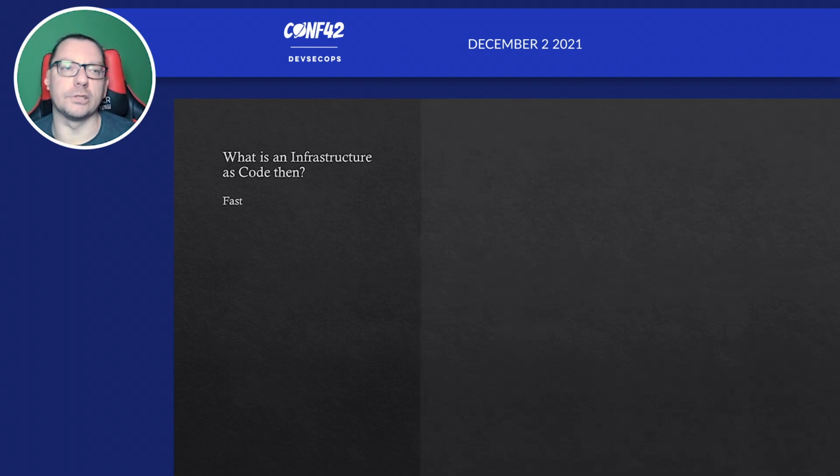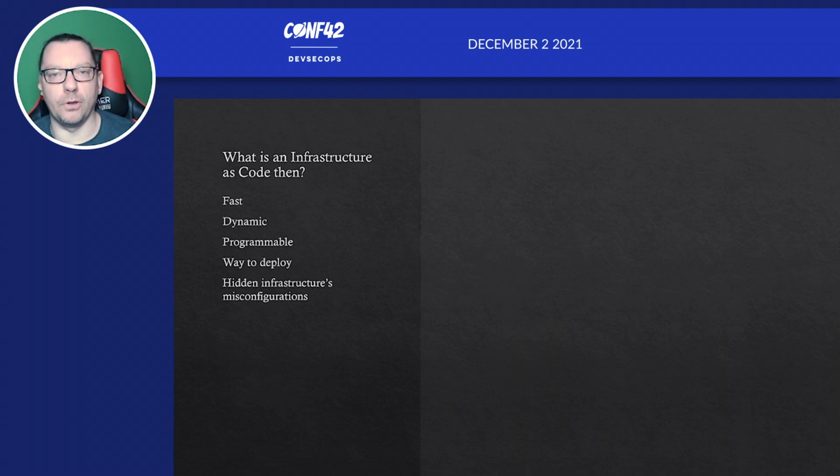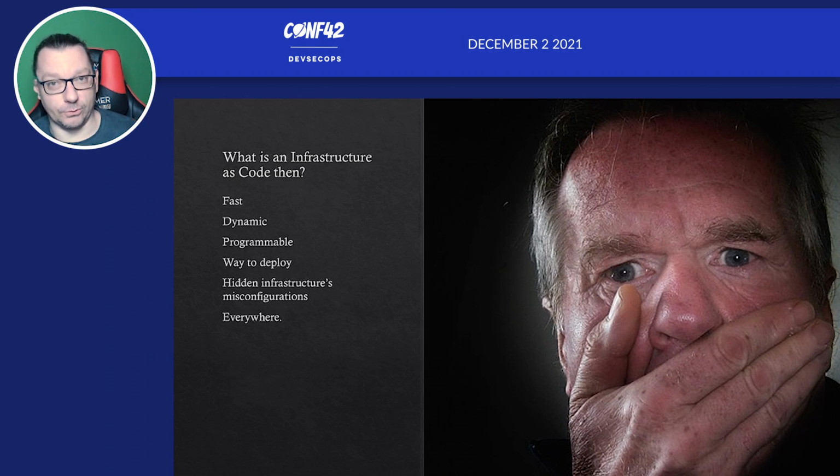Infrastructure as code is a fast, dynamic, programmable way to deploy hidden misconfigurations everywhere. Yep. And when we start to think about infrastructure as code in this way, a new world opens.